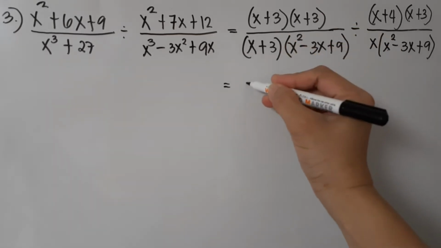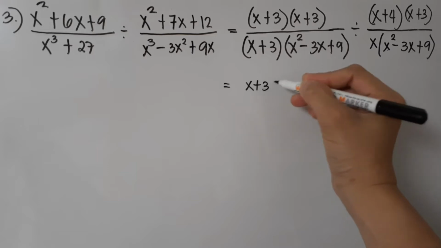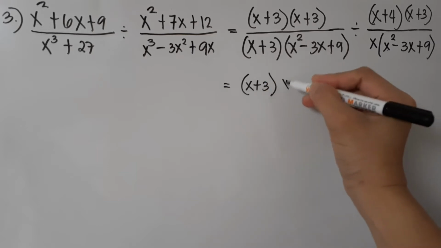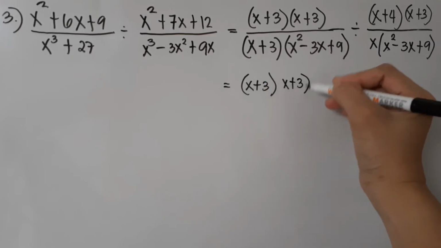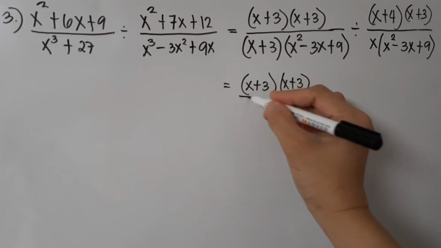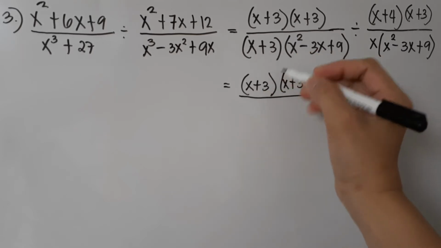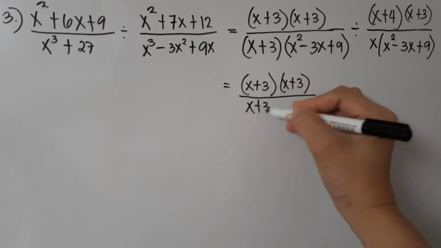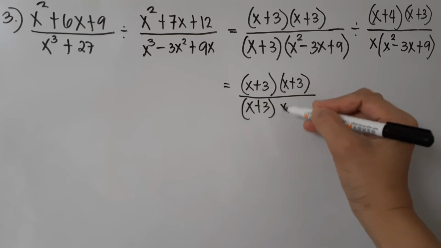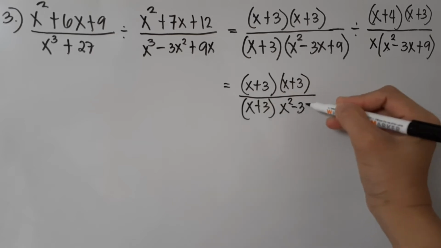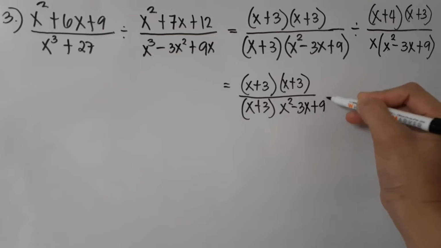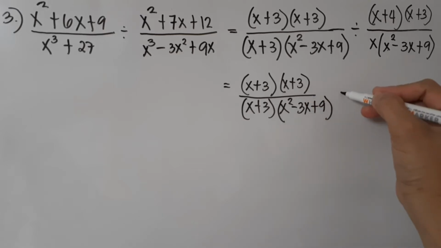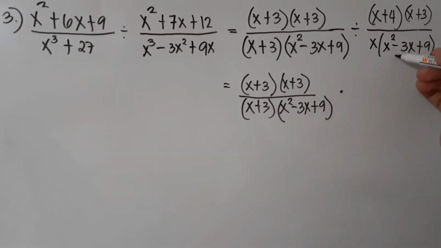First we copy the first term of the fractions: x plus 3 over x plus 3, x squared minus 3x plus 9, and then multiply by the reciprocal of this.